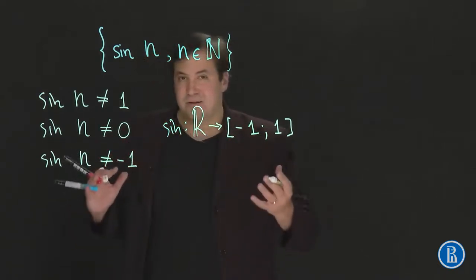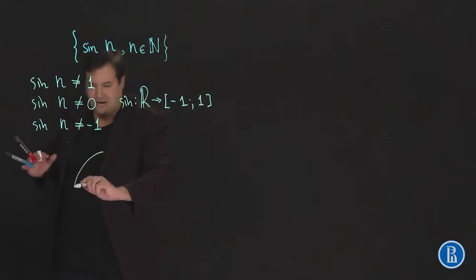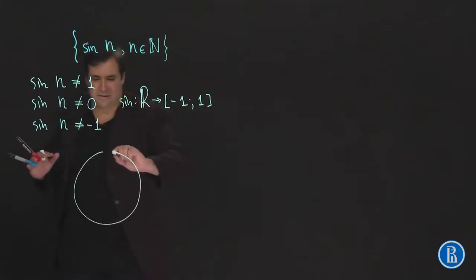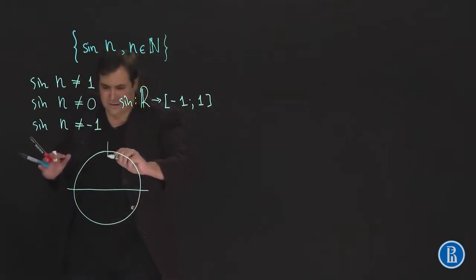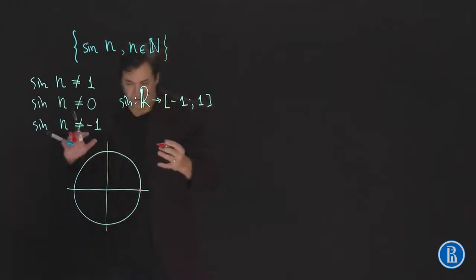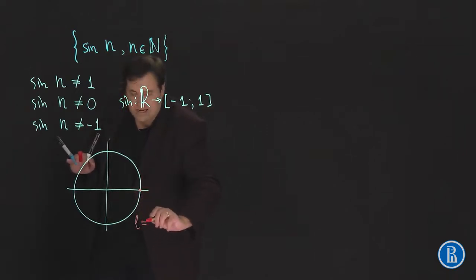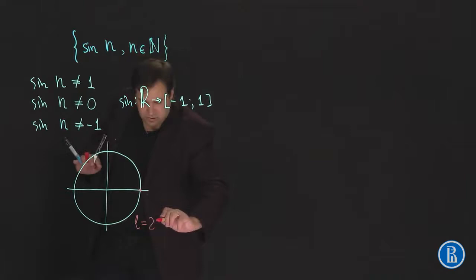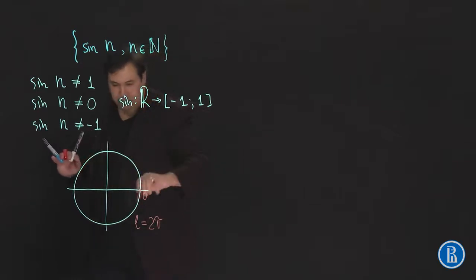Well, recall the trigonometric circle. Here we have the beginning of this circle. And the length of the circle is actually equal to 2 multiplied by pi. And this is point 0 on the circle.